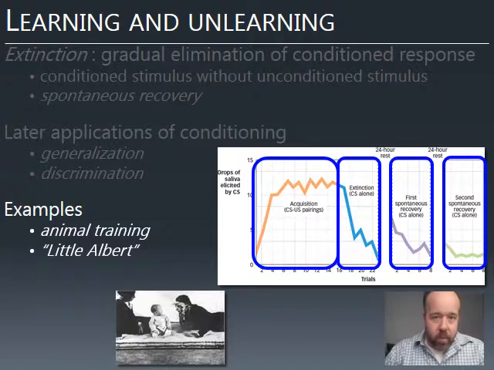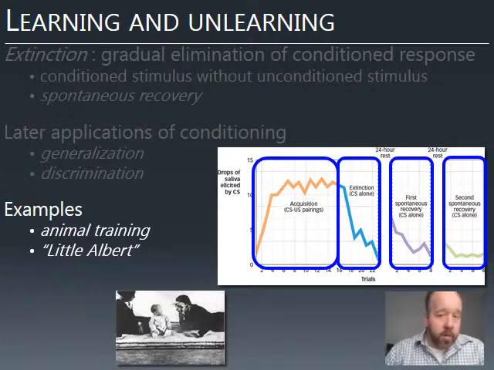So what Watson did was anytime little Albert reached out to touch the white rat, he would hit a metal bar with a hammer. And that produces a very loud, unpleasant sound. And not surprisingly, little Albert would cry in response.